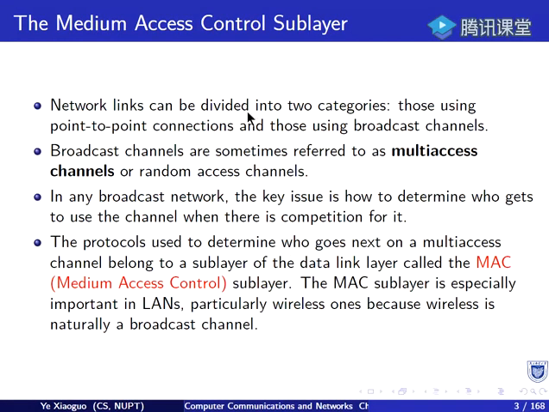Network links can be divided into two categories: point-to-point connections, or point-to-point links, and those using broadcast channels.